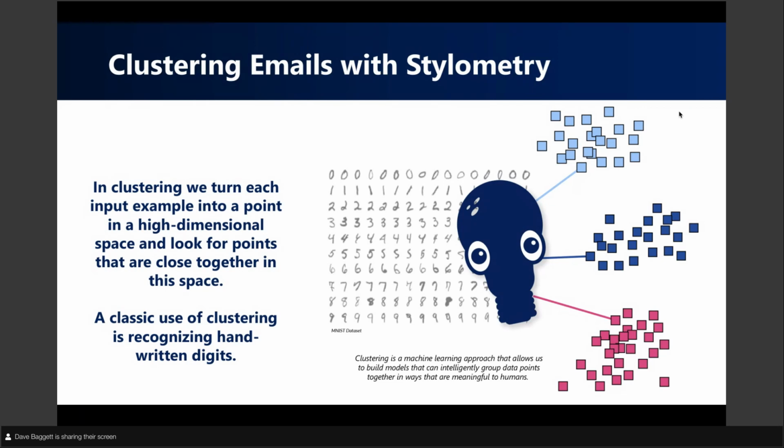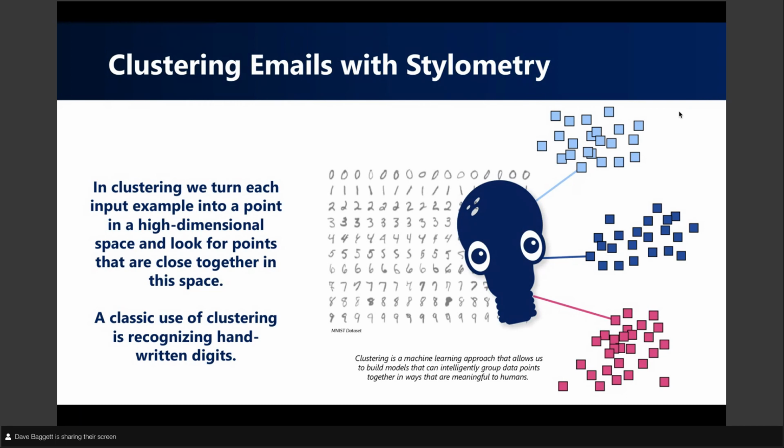And just magically, it seems, if you pick the features right, the digits that are similar to each other, in other words all the zeros, will cluster together in that space. They will be near each other and far away from the other digits. So those sky blue ones, maybe those are the zeros, the dark blue ones are ones, and the reds are one of the other digits. This is the concept of clustering.